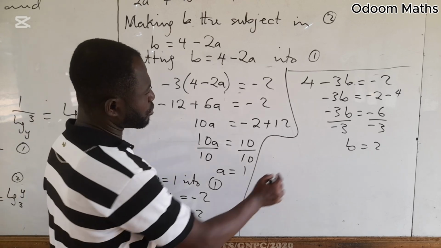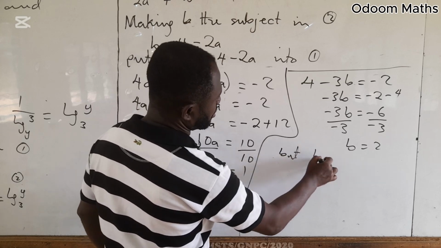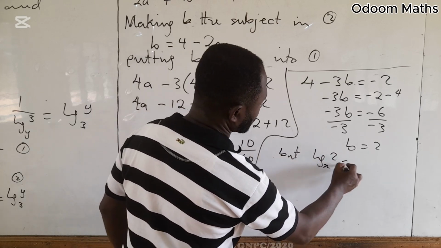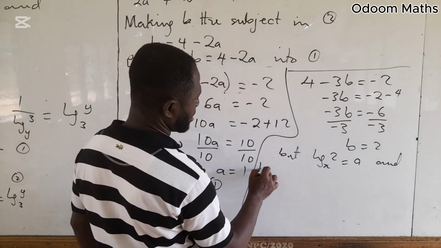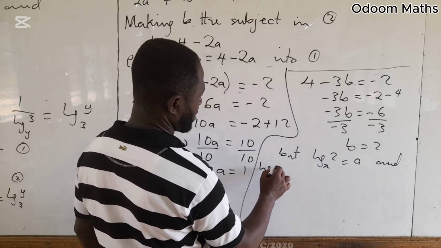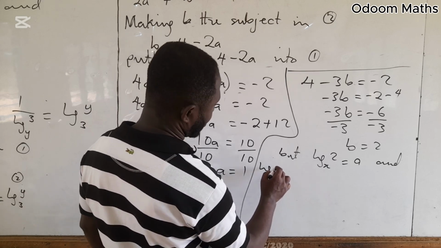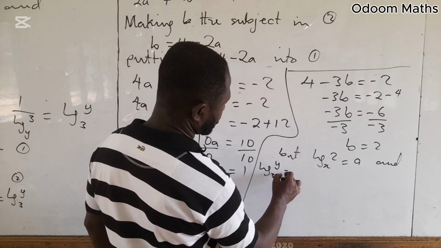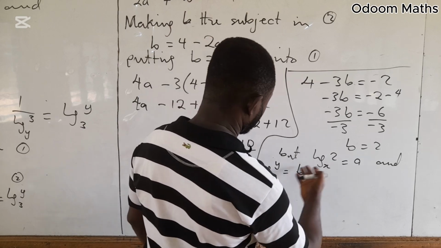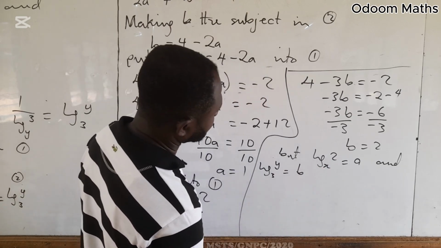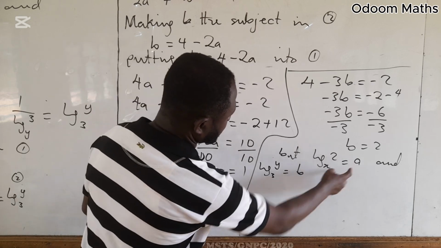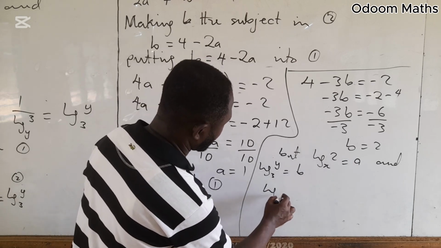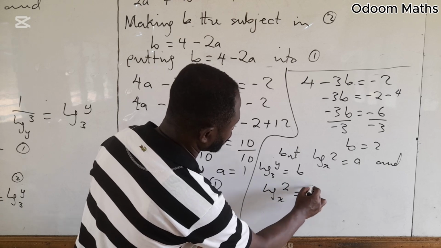But we are not done, because we said log 2 base x is equal to a, and log y base 3 is also b. So a is 1, which means log 2 base x is equal to 1.